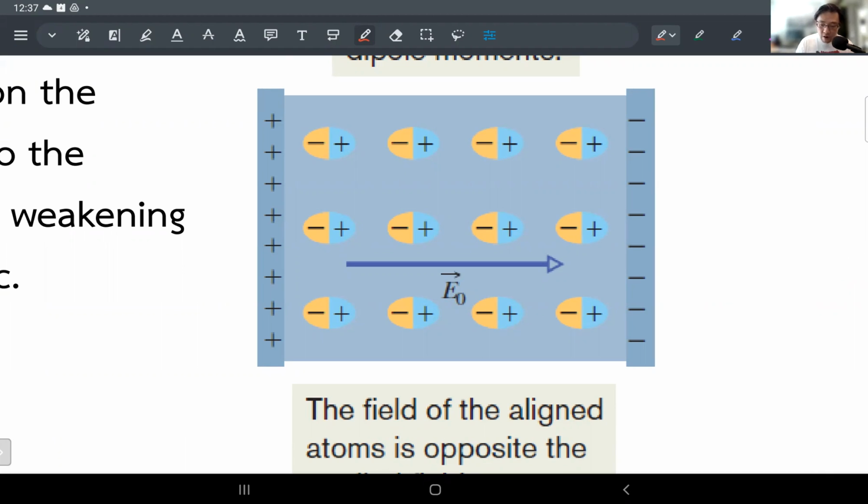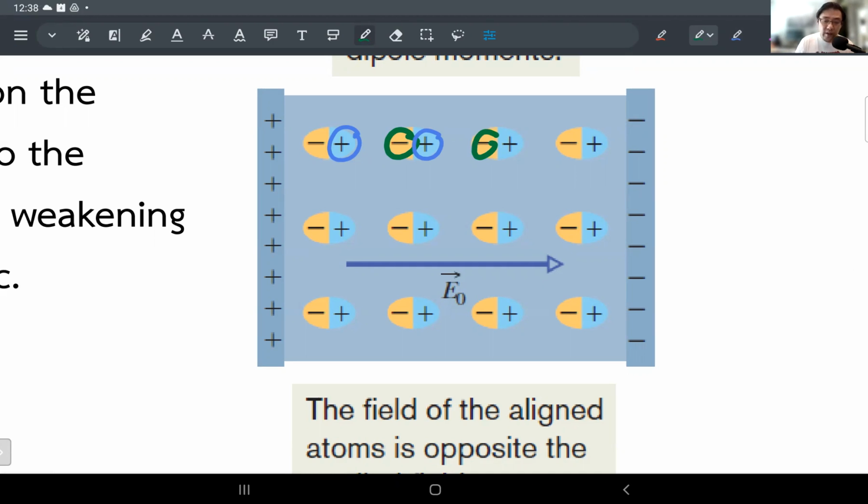So when you look at the positive end of one, it will always have some negative neighbor, the negative charge of the nearby neighboring molecules.